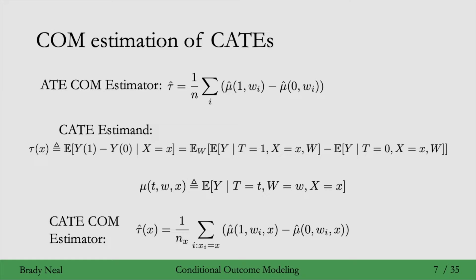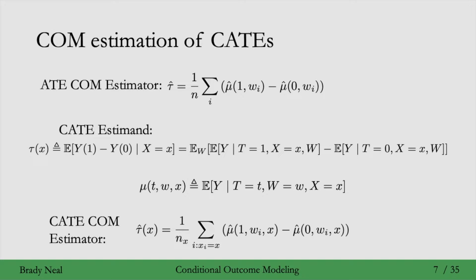And additionally, this sum over i is only going to be for the samples where x_i equals this x here, that defines the conditional average treatment effect, the specific kind of conditional average treatment effect that we're looking at.